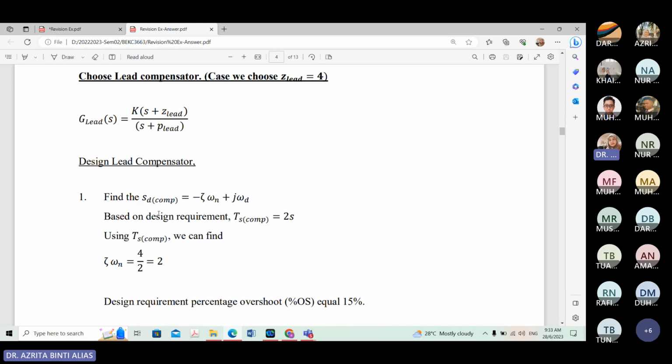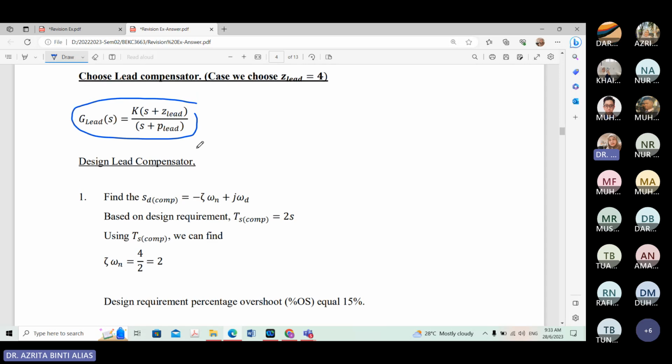Okay, so for the lead compensator, question C. First step, we write the transfer function for the G lead. The transfer function is given by K(s plus Z lead) over (s plus P lead).